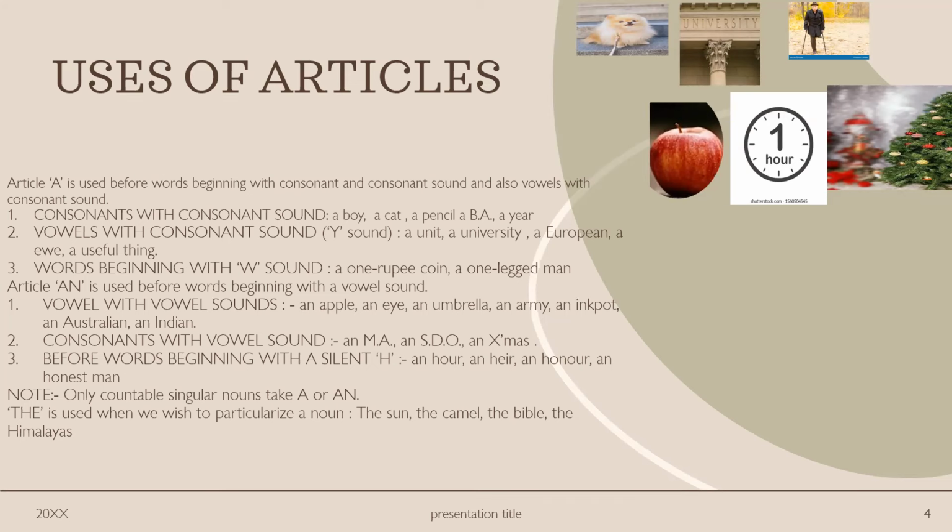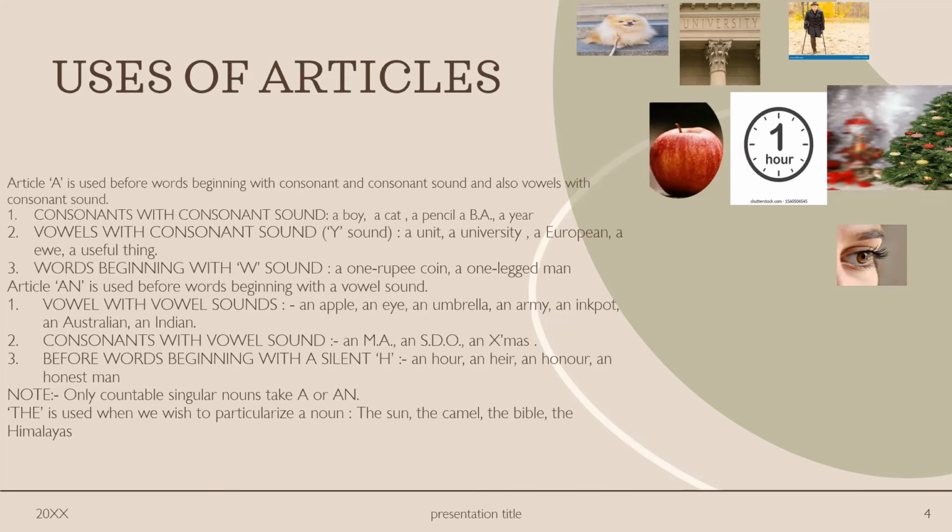Here, in MA, M is a consonant but sounds as a vowel sound. SDO sounds as a vowel sound. Xmas sounds as a vowel sound. Before words beginning with a silent H: an hour, an heir, an honour, an honest man.